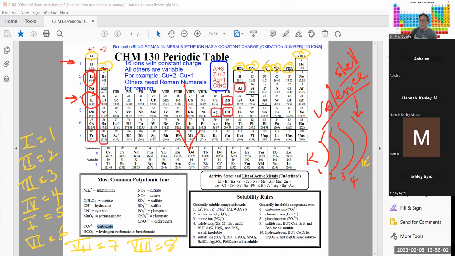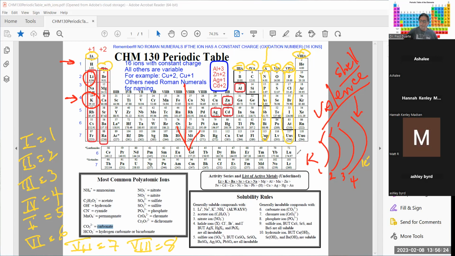Now, if we look at group 5A right here, everybody there has 5 electrons in the outermost shell. Okay. What about group 7A? What would you guys think based on what I just told you? Everybody in that group, how many valence electrons would they have in group Roman numeral 7A?